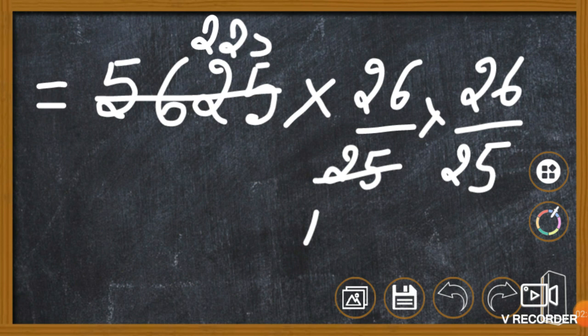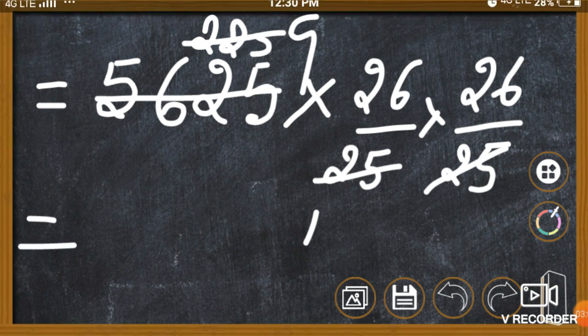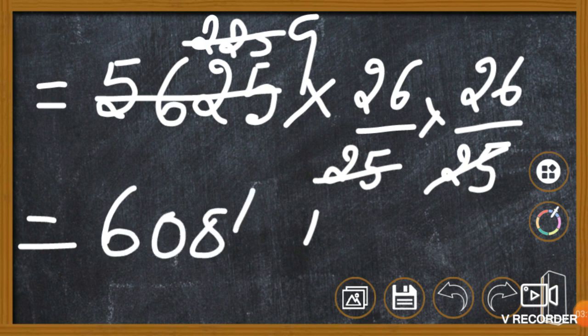Again divide 225 by 25. 25 9s are. Now calculate the product of 9 into 26 into 26. It results as 6084. This is the amount.